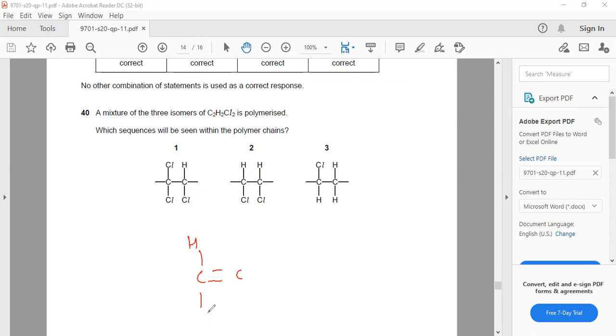Achha. Suppose if it is like this. Okay, if it is like this.